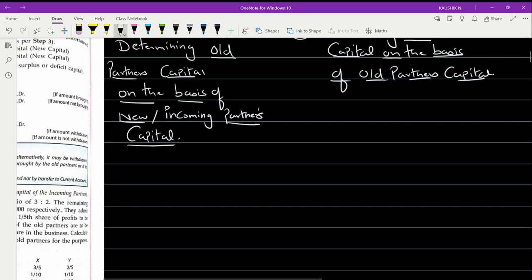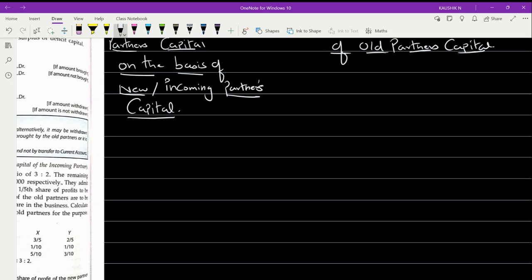If that is the case, then we have to follow some journal entry. That means when the capital has been brought in, we can divide this case into whether he has brought the amount or he has not brought the amount.